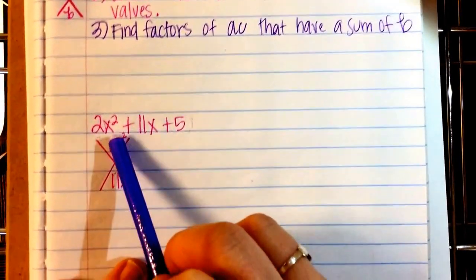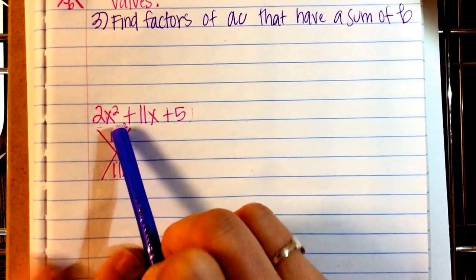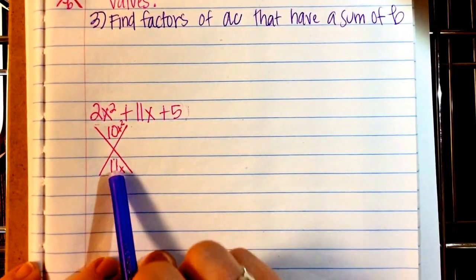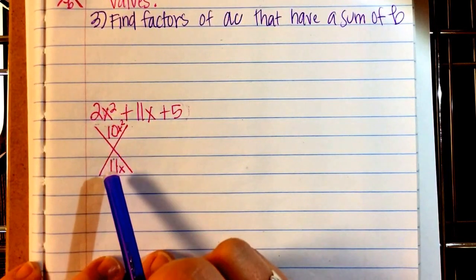Factors of AC, factors of 10 that have a sum of 11. Factors of 10 that have a sum of 11.